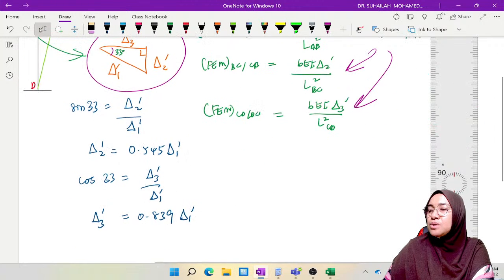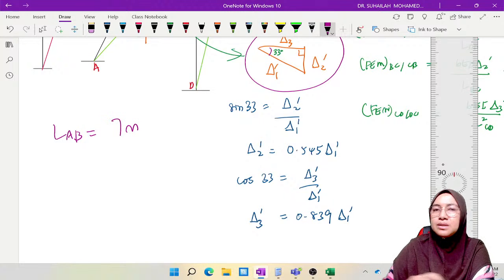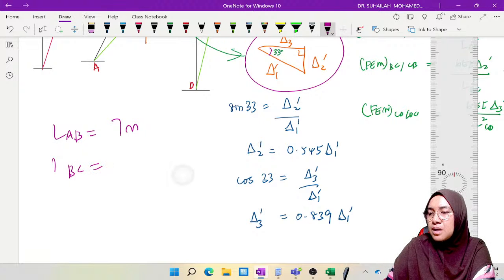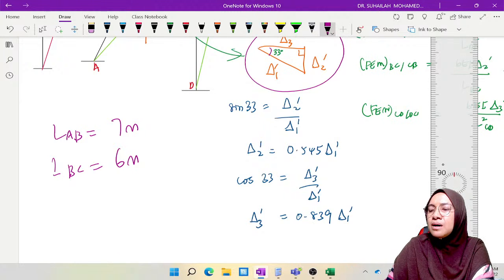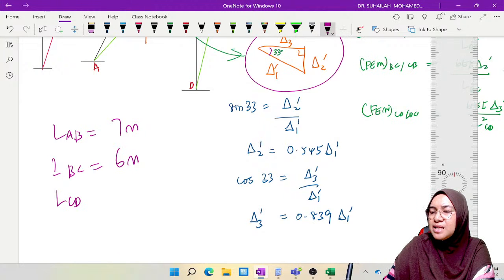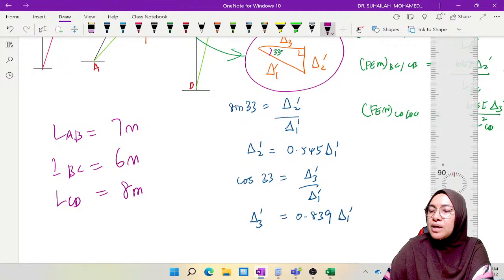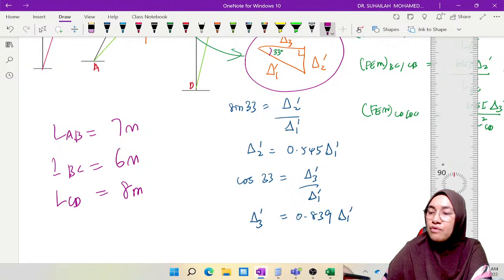For example, let's say LAB is 7 meter. This is just an example. LBC is 6 meter. We just use the previous value. LCD, for example, is 8 meter. Not the same one, this is different. LAB, LBC, LCD: 7, 6, 8, the length of each member.